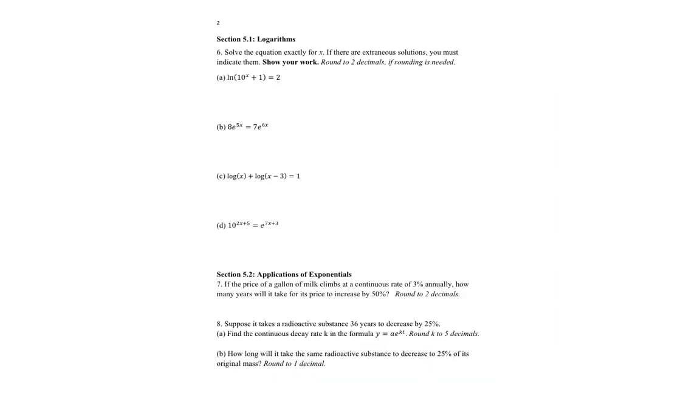All right, so this is about logarithms. Solve the equation exactly for x. Okay, so I can use the fact that e and natural log are inverses of one another, and I can say 10 to the x plus 1 is equal to e squared. And then I get 10 to the x is equal to e squared minus 1.